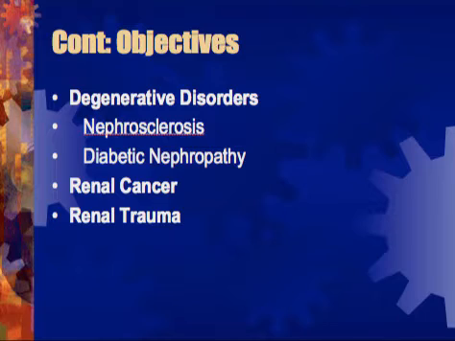Degenerative disorders, nephrosclerosis, in the word of it, you realize the sclerotic areas are things that are narrowed by scarring and such. And we'll talk a little bit about that. Diabetic nephropathy, you've discussed in MedSurg 1, but it is important to discuss as well. Renal cancer, we'll mention. I do use some stats from the Cancer Society, and renal trauma.